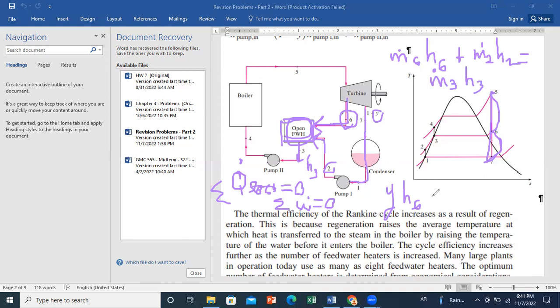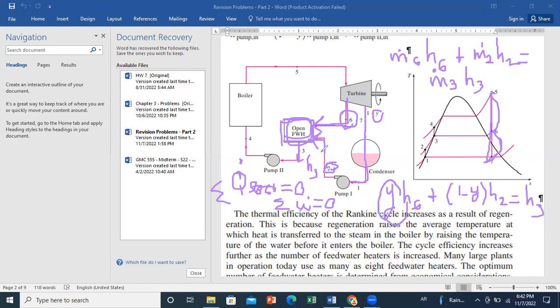So plus 1 minus y times H2, because before going to the open feed water heater, it will go through the pump and will exit at state 2, equals, so in total, y plus 1 minus y is 1, so it's 1 times H3. Knowing the different states 3, 2, and 6, we'll be able to calculate the value of y.